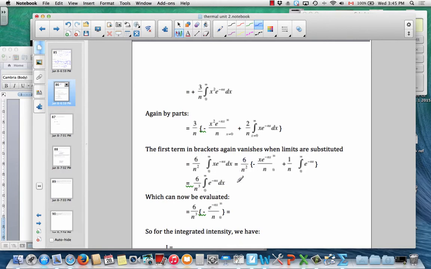And finally, an integral that we can actually evaluate. This works out to e to the minus nx over n from 0 up to infinity. And, oh, with the minus sign. The minus sign right here.